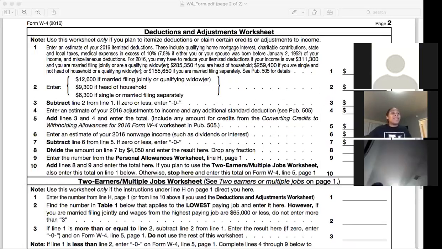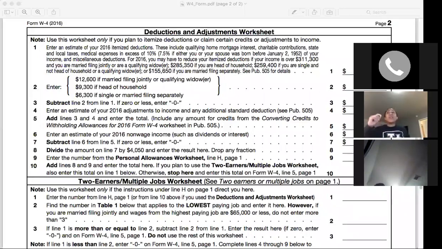So subtracting, let's say, $9,300 from 0, you're going to get negative $9,300, so you're going to enter a 0 on line 3. If you're following along right now, you probably wrote down a 0 on line 1, whatever number fits your situation on line 2, but you still got a 0 on line 3. That's fine. That's usually how it goes.